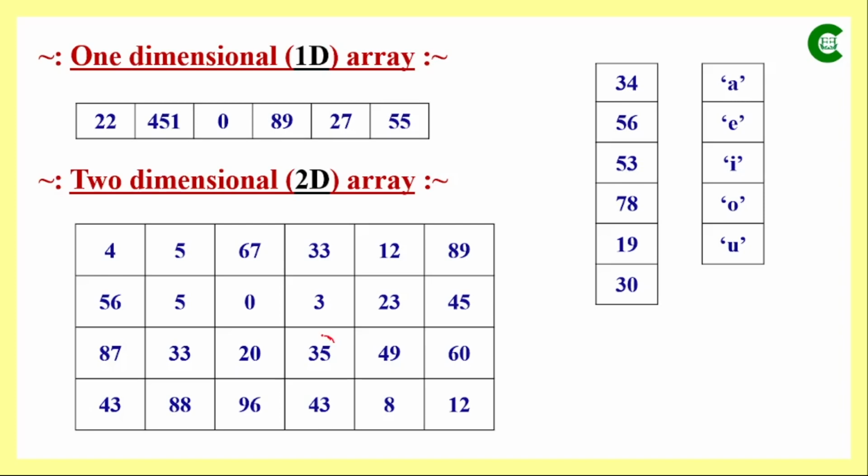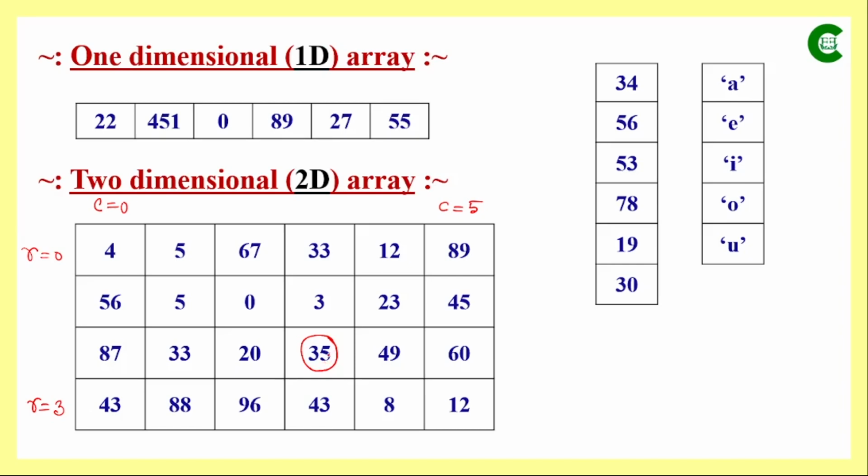Then how do we represent this marks 35? If we count the rows, as we can see here, the number of rows is 4. So row starts from 0 and the last value of row is 3. Similarly, we have 6 columns, so column value starts from 0 and ends at 5. Suppose this table of data stores the marks of different students in a class.